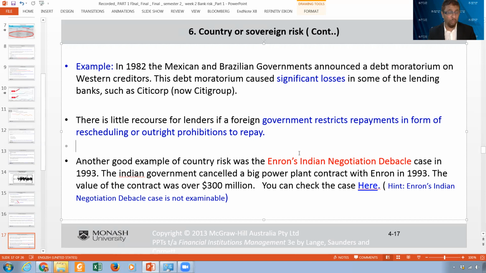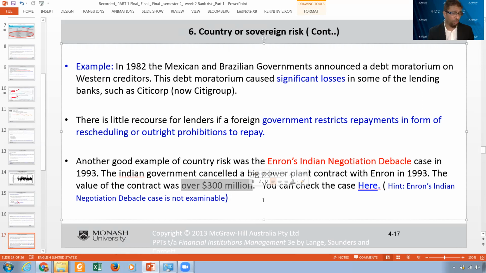When they built the power plants, a payment of $300 million had to be paid to Enron. But a new government came in India in 1993, and that contract was canceled because the government of India thought that Indians could do it themselves.